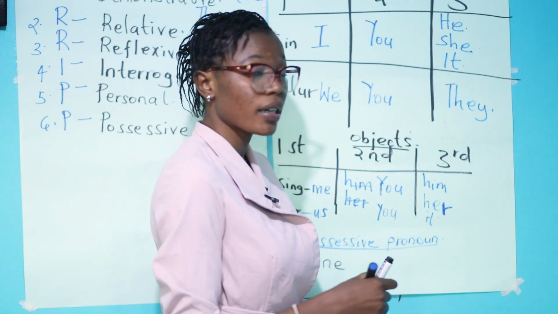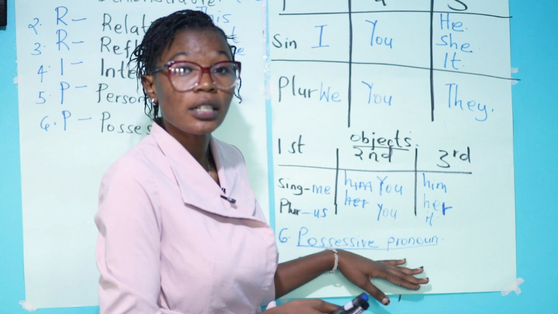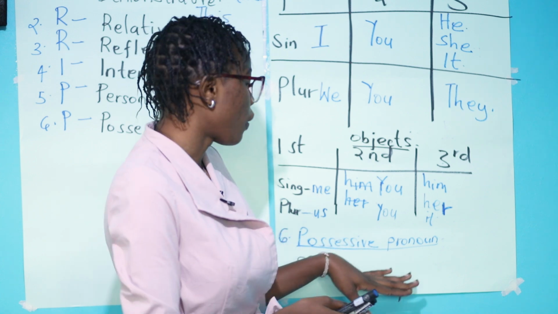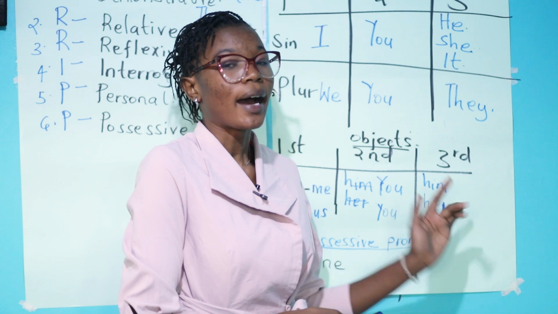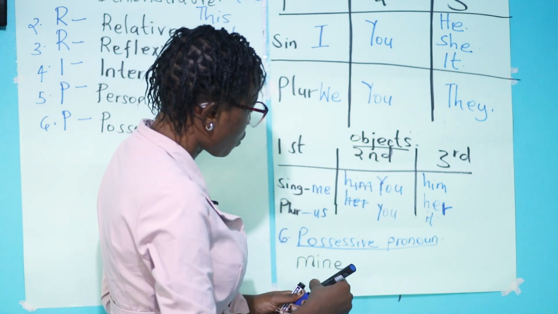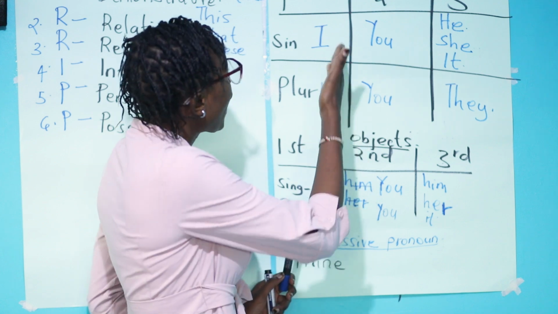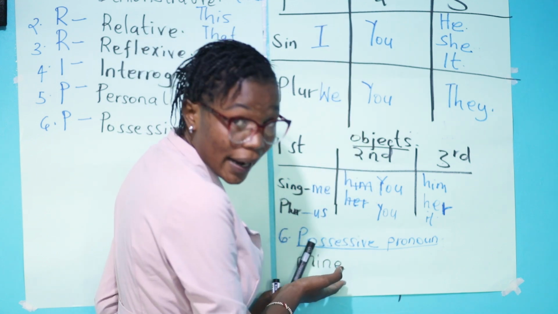And now let us look at examples. Don't forget, because we're still talking about persons, we'll have our first person, second person, and third person, and their plural forms. Now we have the first person, which is mine. I, in a possessive pronoun, will turn to mine.